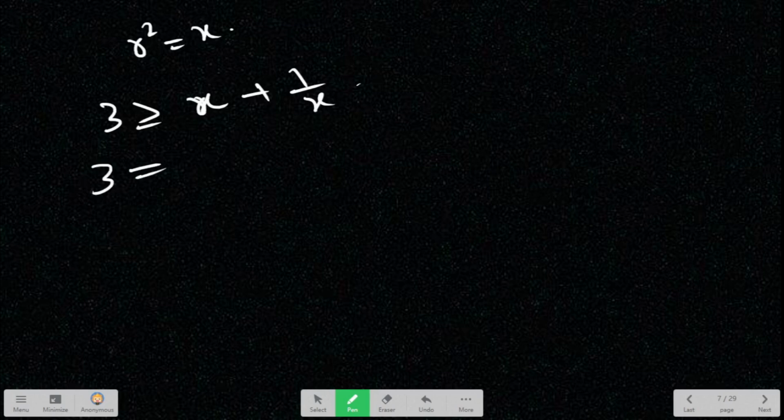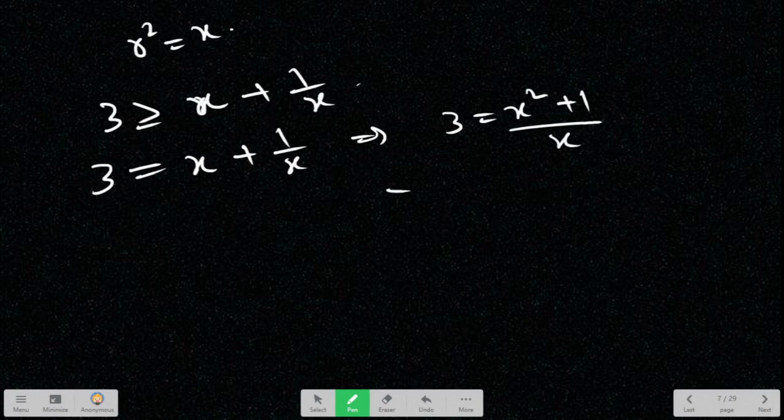We are concerned only about the boundaries, where the particle is bounded. So we put the equal sign, 3 equal to X plus 1 by X. This implies 3 equal to X square plus 1 divided by X. This implies X square minus 3X plus 1 equal to 0.